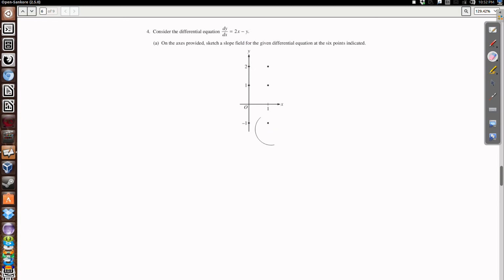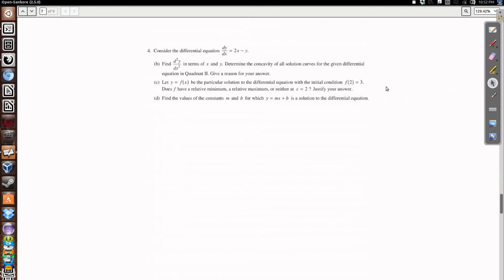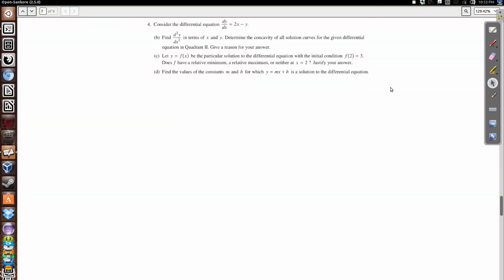For parts 2 and 3, we're going to be dealing with this differential equation. So for part B, it says let d squared y over dx squared be in terms of x and y. Well, what we're looking for is the change with respect to x of dy dx. So I'm looking for the derivative of 2x minus y with respect to x.